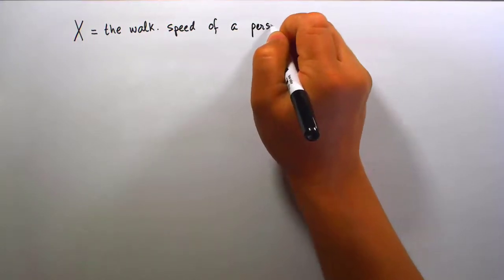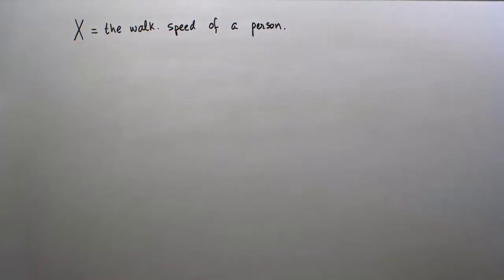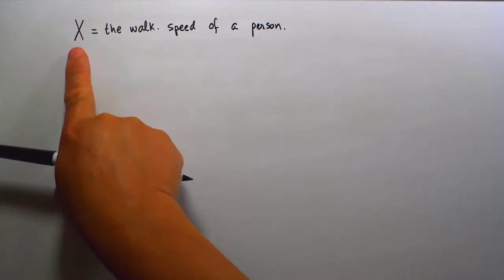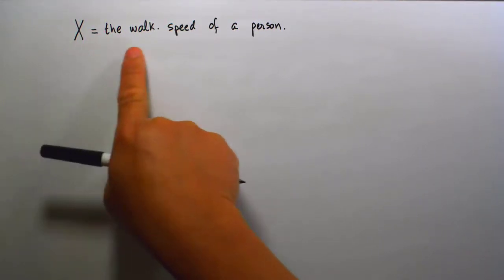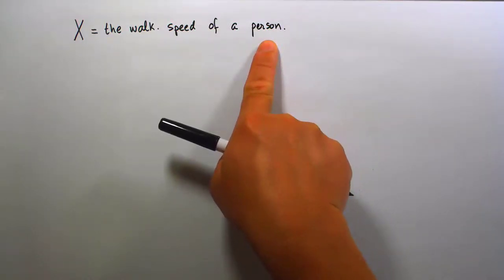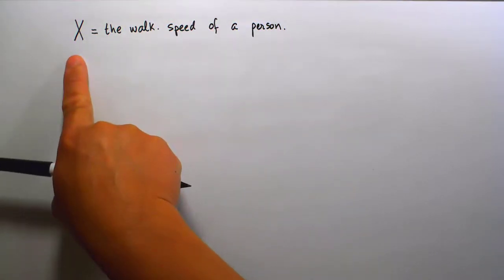So any one of us, and like I said earlier, we are restricting our study to only human beings. As soon as I define a random variable capital X to represent the walking speed of a person, anyone viewing this video can realize that we have a lot of different walking speeds, or in other words, this random variable represents an entire population of human walking speeds.